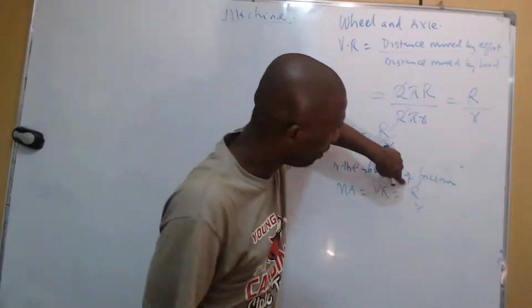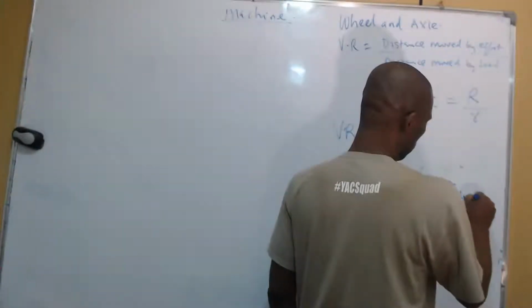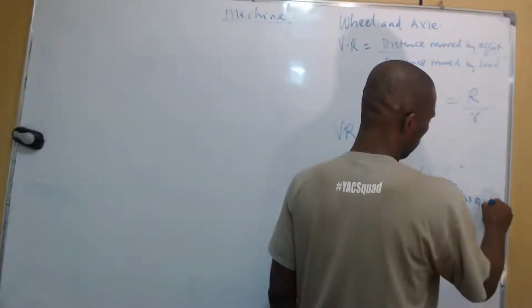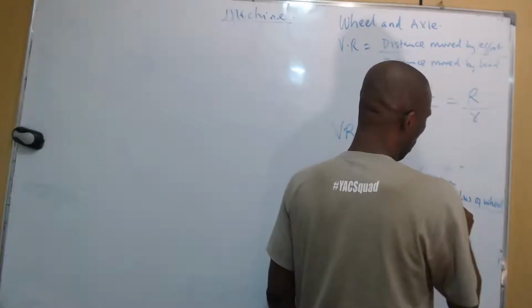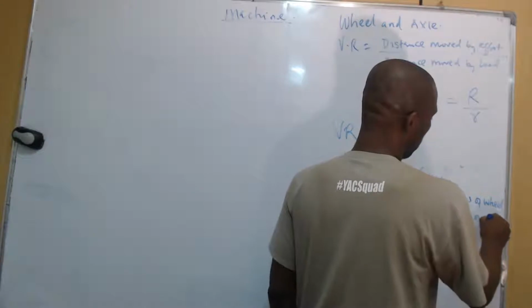This represents the wheel, while this one represents the axle, all over the radius of the axle.